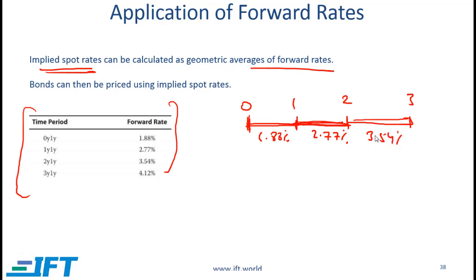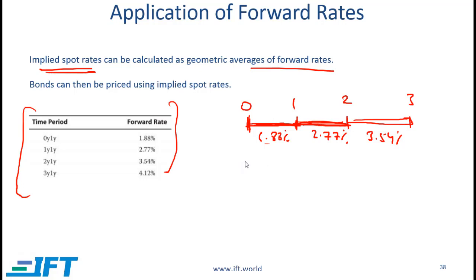Now the question is, what is the 2-year spot rate? These numbers are forward rates. So actually this is the current interest rate, 1.88. 2.77 is a forward rate. So if I ask you what is the 2-year spot rate, let's say the 2-year spot rate is X.